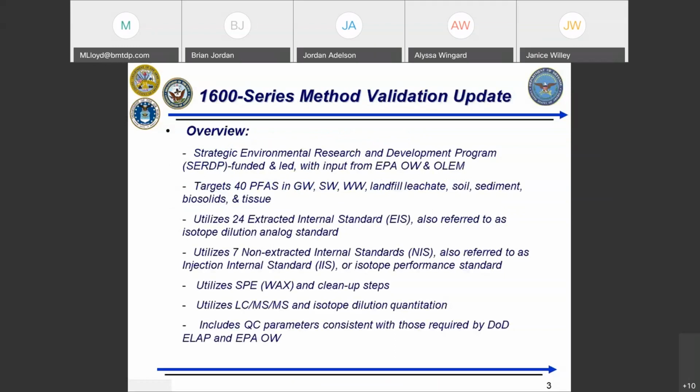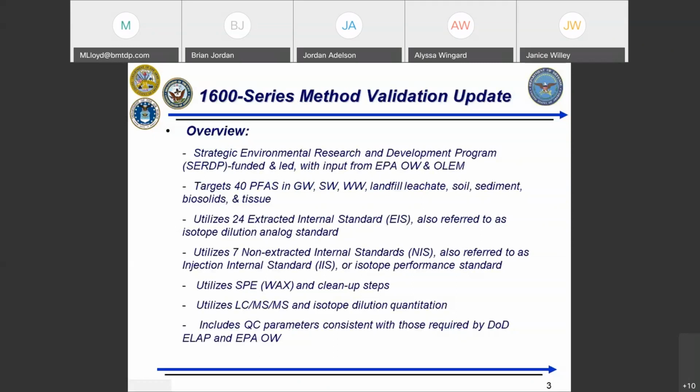The Strategic Environmental Research and Development Program, SERDP, has funded and led an effort validating a method based on a method developed by a DoD ELAP accredited laboratory, SGS Axis, through inter and intra-laboratory validation studies.